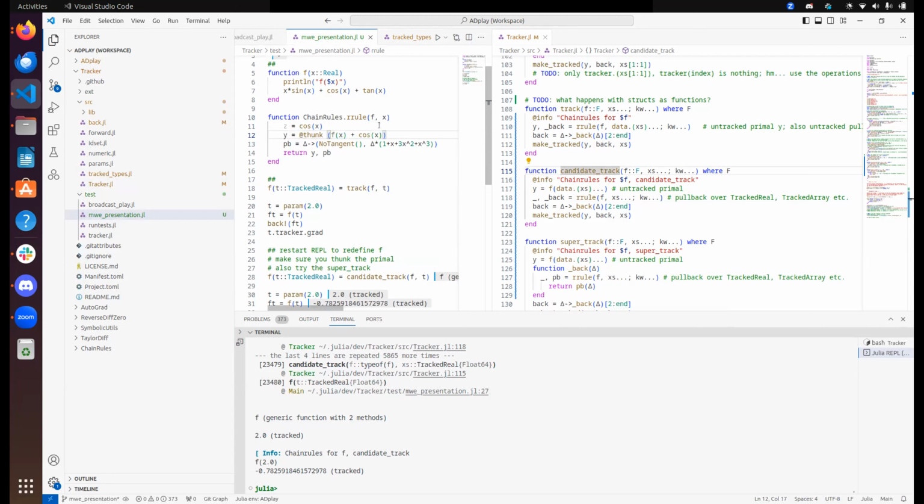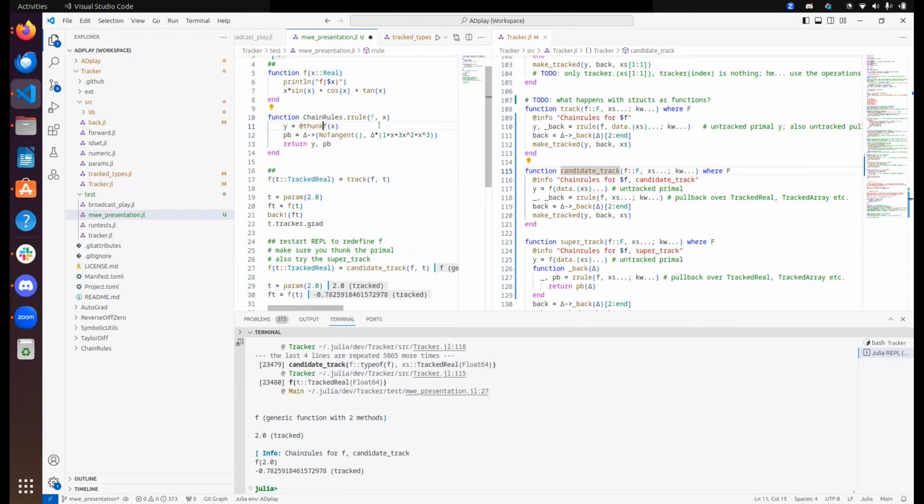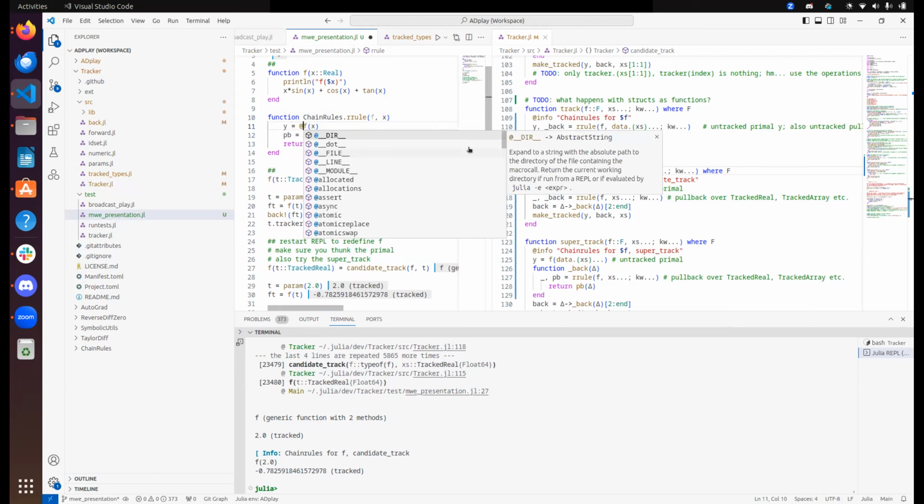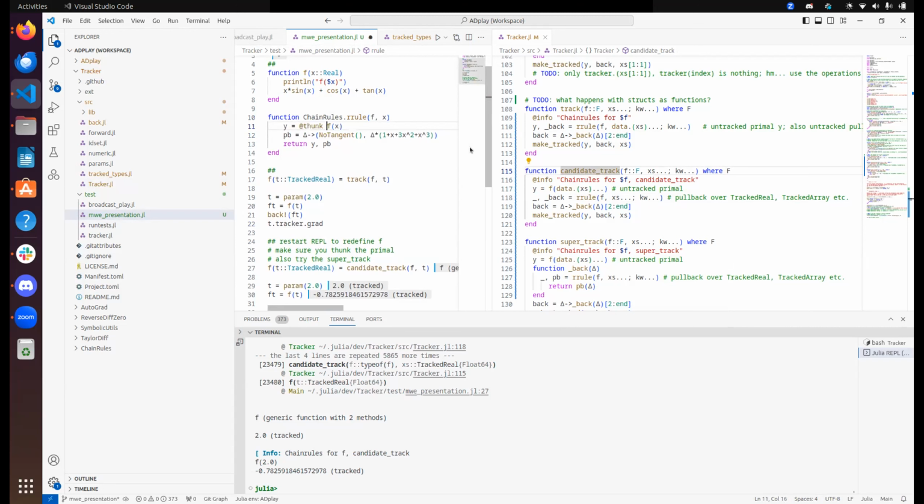And then how can we solve this? So basically this shall stay like this. We have to wrap the primal calling here because we don't need it for tracking, for the tracker.